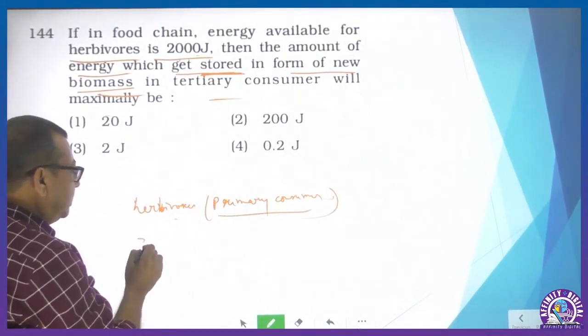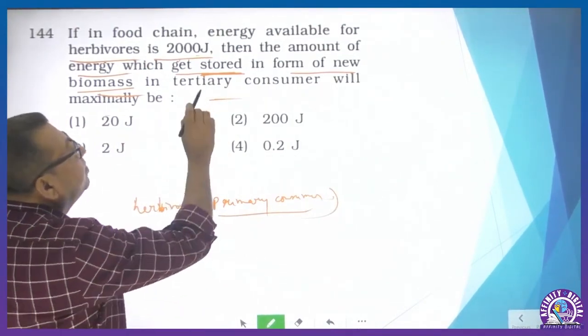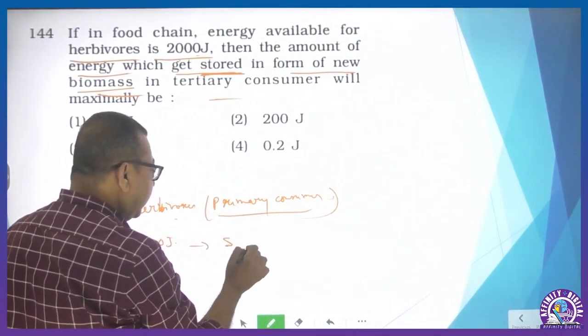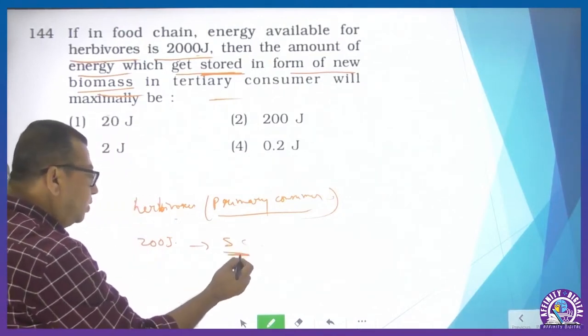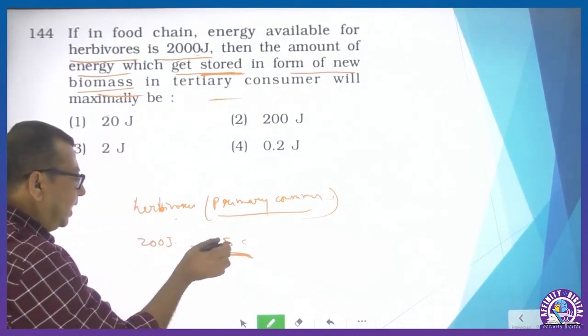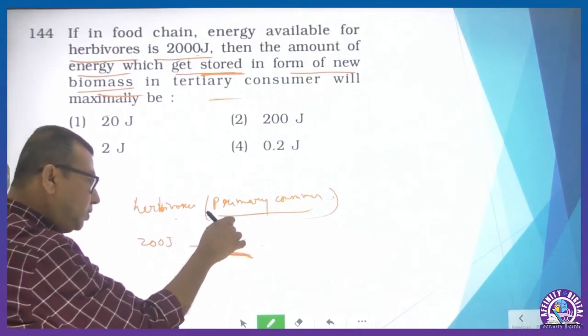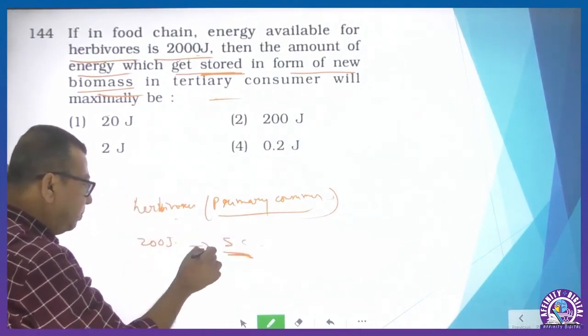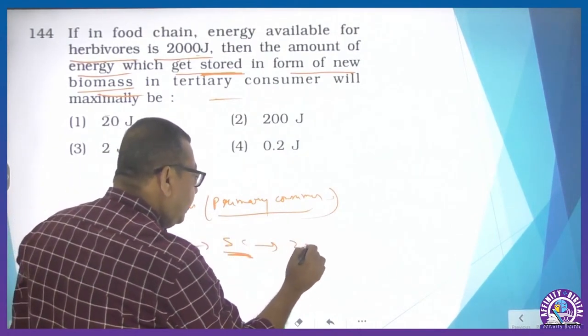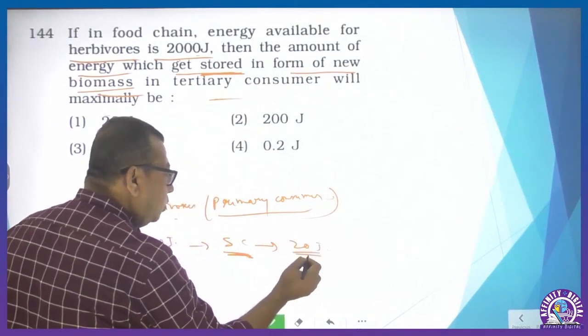So 200 joule will be available to the secondary consumer. The secondary consumer uses 10% of the 200 joule to make new biomass. How much is 10%? 20 joule.